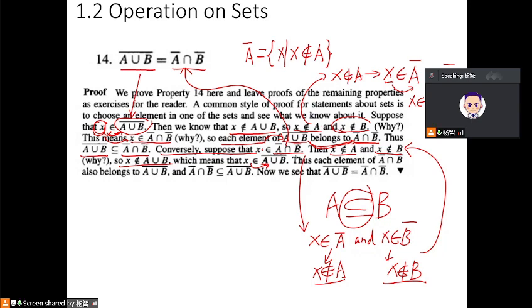So thus each element of the intersection of the complement of A and B also belongs to the complement of the union of A and B. This satisfies the subset definition. So we can say the left set is the subset of the right set.